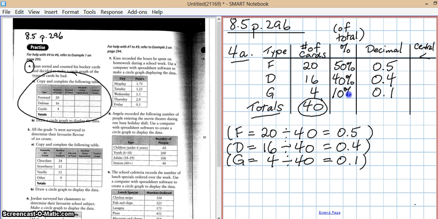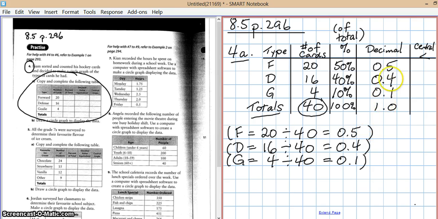What's nice about this chart is that it neatly organizes all your data for you. When you add up these totals, this obviously should add up to 100%, and we know it does. When you add up the decimals, you should get 1.0. In reality, you will often work with numbers that won't neatly work out to equal 100%, because you may end up with decimals.